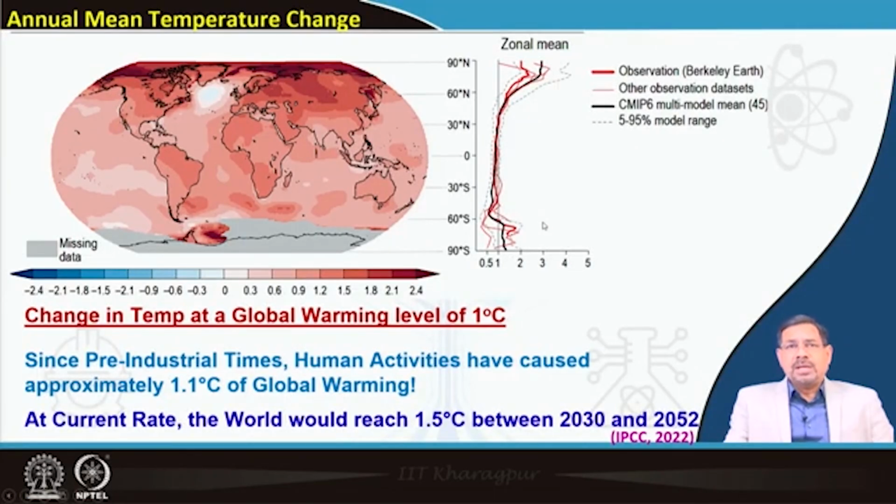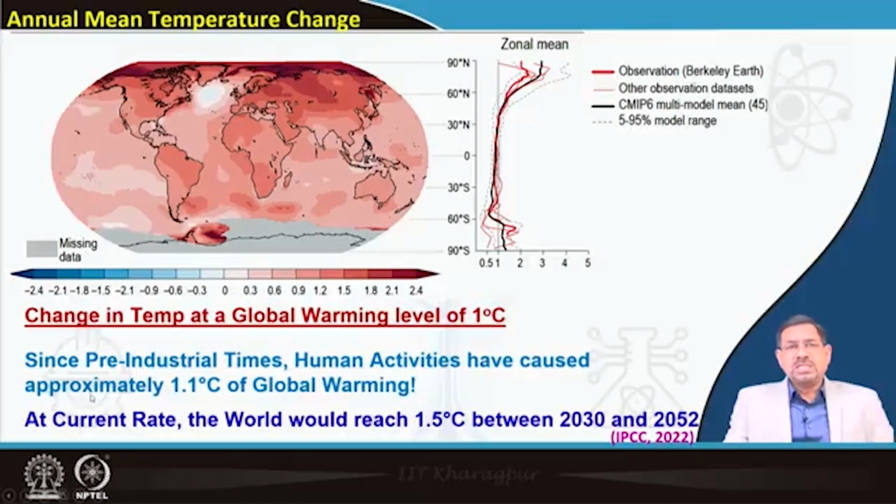So, friends, the realization from here is that at both the higher latitudes the annual mean temperature has increased, and it is higher in the northern hemisphere. Change in temperature at a global warming level of 1 degree centigrade.